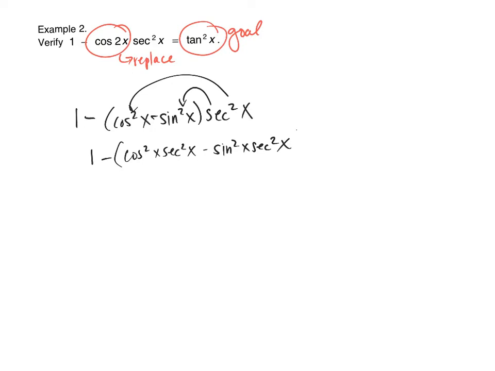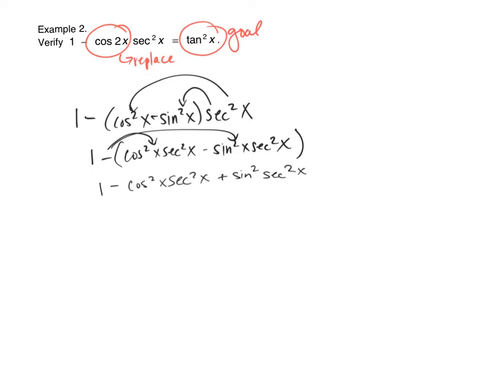And now I need to distribute in my negative sign. So the negative 1 goes in, and then 1 minus cosine squared x secant squared x plus sine squared x secant squared x.